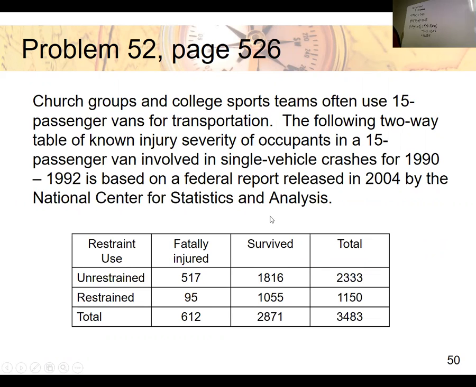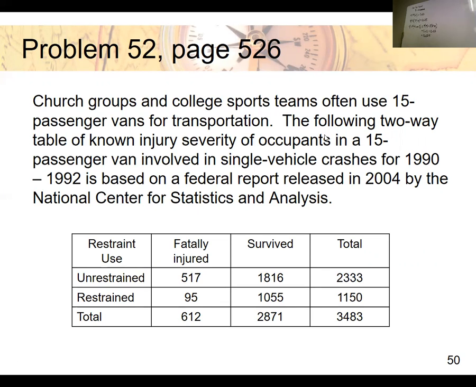All right, let's say we had this. Church groups and college sports teams often use 15-passenger vans for transportation. The following two-way table of known injuries, severity of occupants in a 15-passenger van involving single vehicle crashes for 1990 to 1992, is based on a federal report released in 2004 by the National Center for Statistics and Analysis.